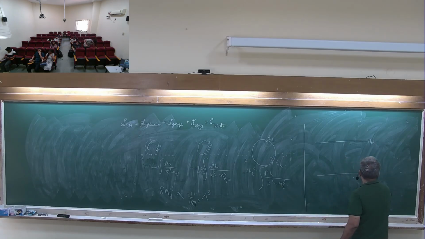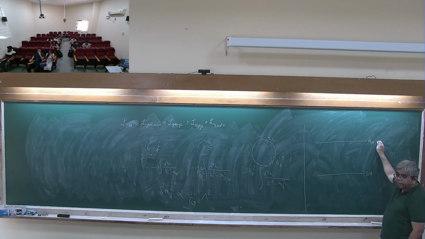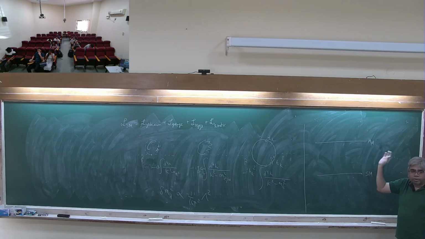Okay, standard model is sitting here. I want to derive an effective theory assuming that there is new physics here, because I believe that there is some quantum gravity or something. There is a new scale. I can do that. I can use Wilson's approach and do it.